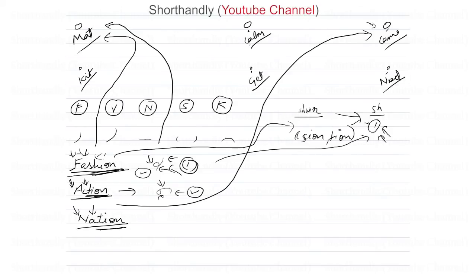Then we have this Shun. Let's make this word nation like this. So this is our N. Then we have this A vowel, nation. Then we have this Shun sound. So this is our word nation.